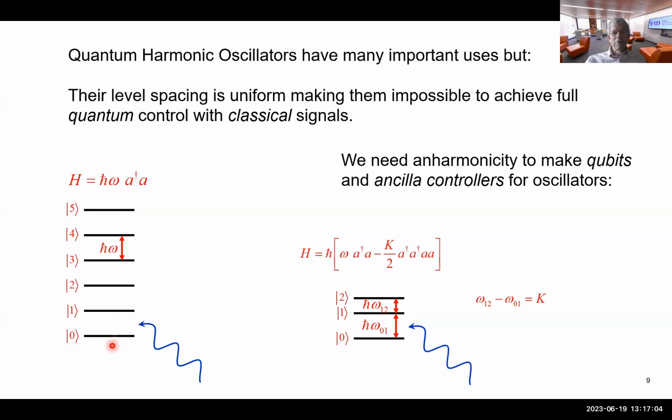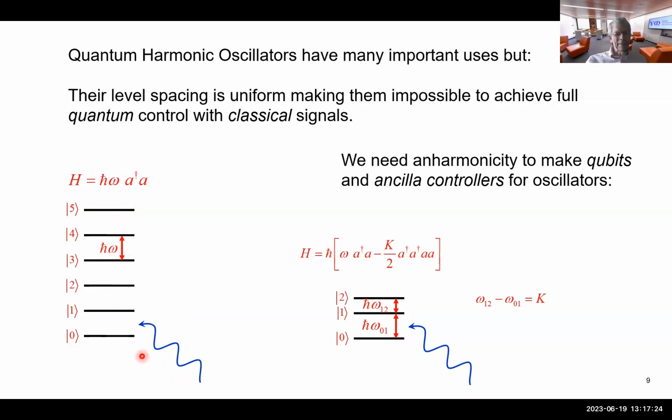But if you have only classical control signals, classical drives that you can apply, you have a problem because the transition frequency between every adjacent pair of levels in the oscillator is exactly the same. It's just the resonance frequency, omega.